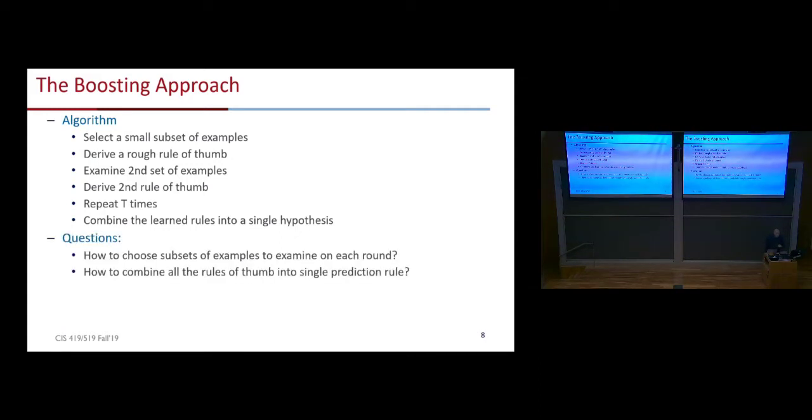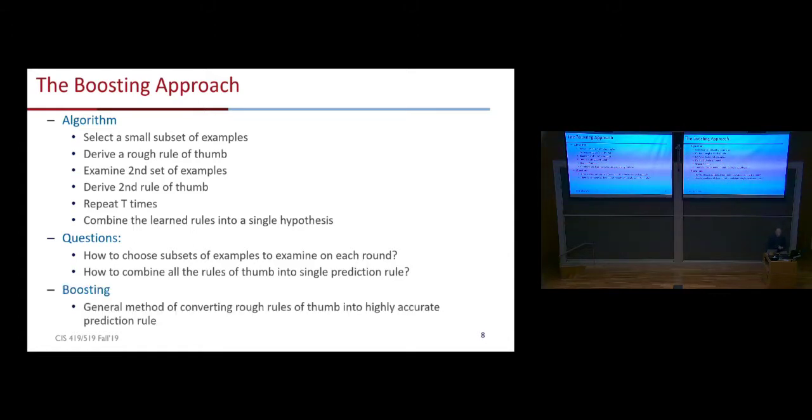Now, of course, this brings up two questions: how to choose the subsets of examples, and how to put the collection of rules of thumb together into one hypothesis. Boosting is a general method for doing this, converting a set of rules of thumb into a highly accurate prediction rule.